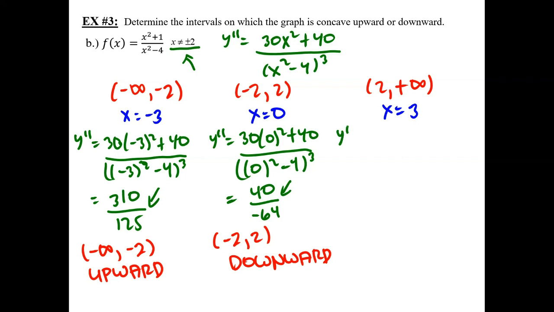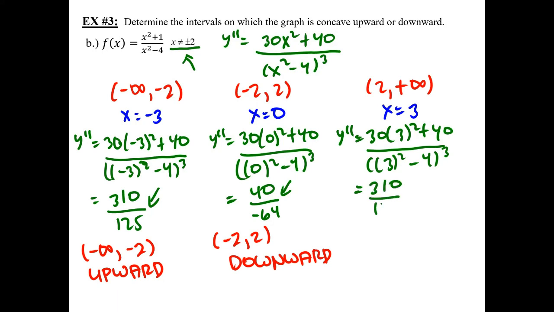Okay? And last, so y double prime is equal to 30 times 3 squared plus 40 all over 3 squared minus 4 cubed. So parehas lang yan sa 310 over 125. We have a positive y double prime.